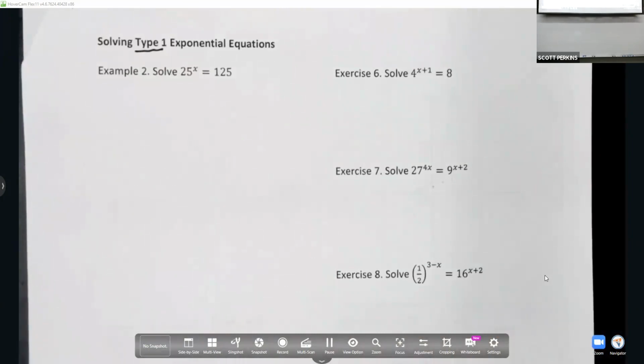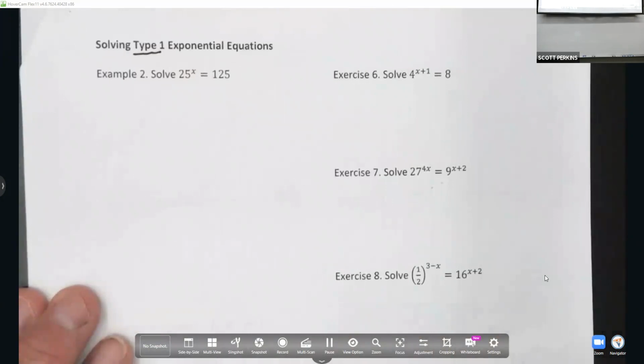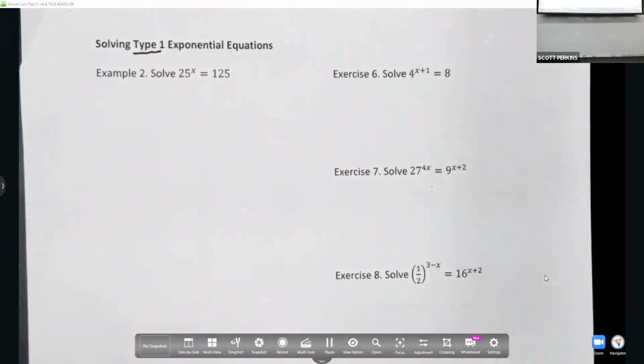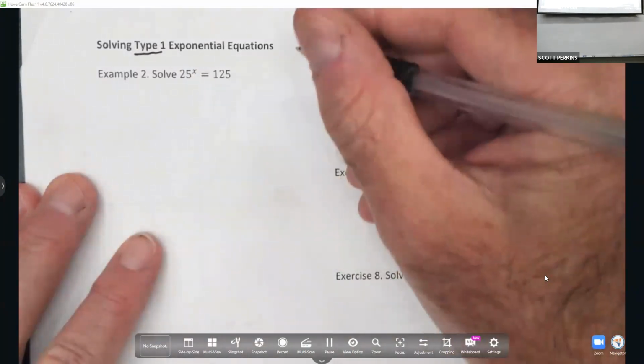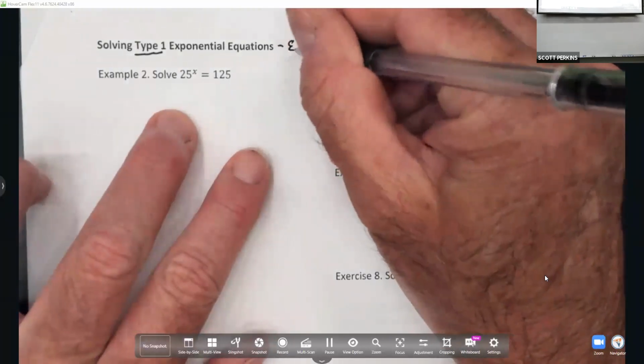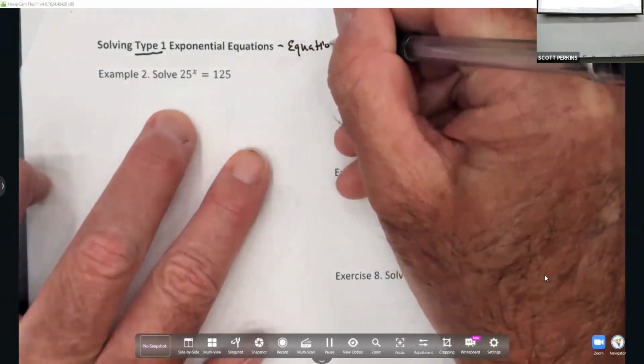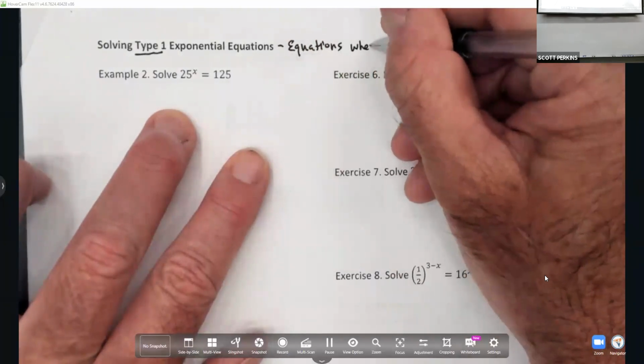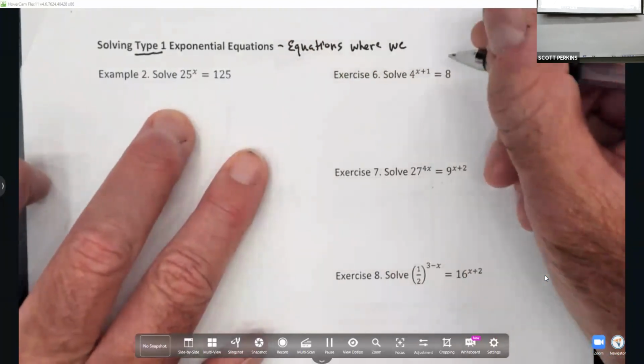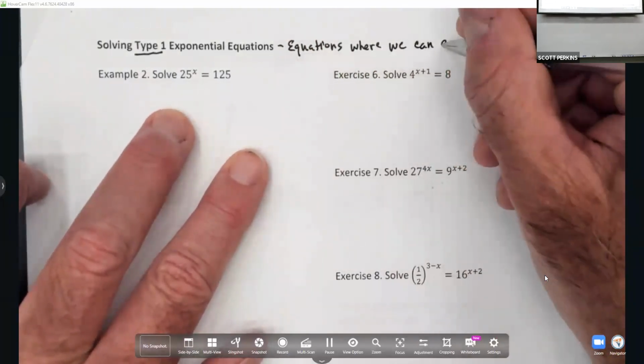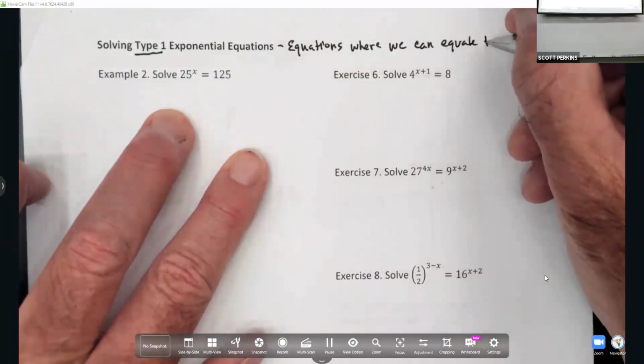And that really tells you nothing about what we have. So a better description of the first type of exponential equations that we're talking about are equations where we can equate the bases.